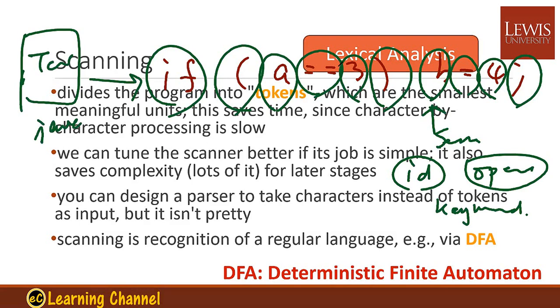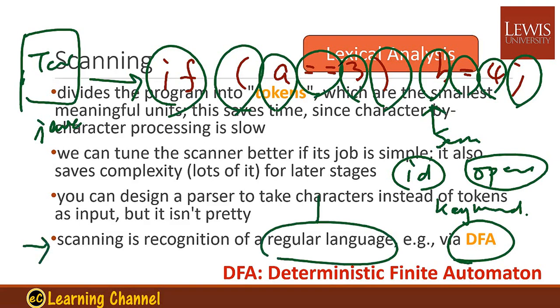This stage, we call it lexical analysis. And to do that, we need to study the deterministic finite state machine, DFA. Is that okay? It's a regular language. So in later chapter 2, we are going to discuss this.